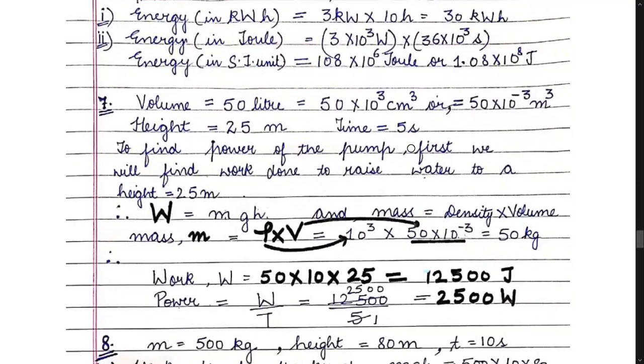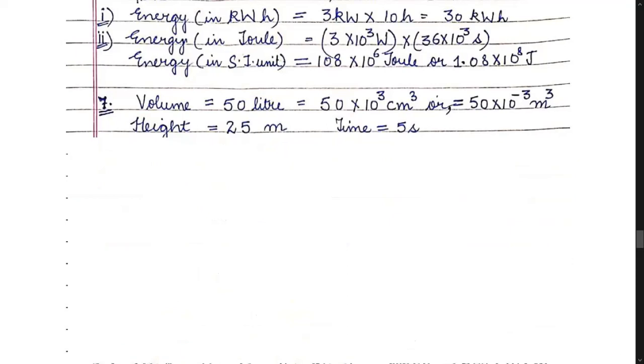Coming to 7th question, and it is a very important question. Very, very important question, students. Kindly have a look. In this question, we are provided that volume of water is 50 liter. First step is, this is volume and it is not mass, children.